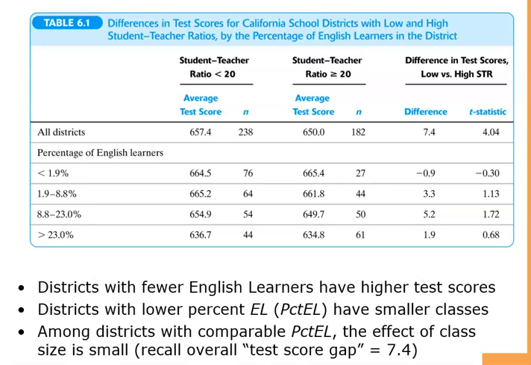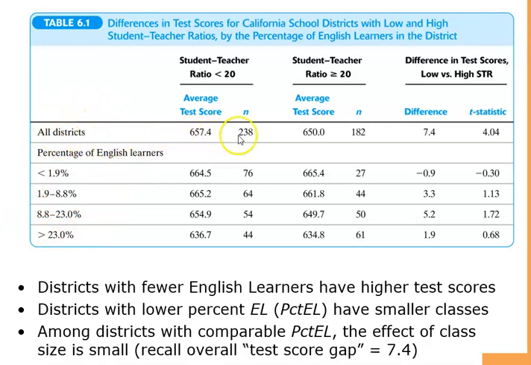Another way of looking at this would be dividing the sample into different parts, but along two dimensions. The first dimension would be whether the student-teacher ratio is less than 20 or greater than or equal to 20. The second dimension would be the percentage of English learners in the school district.